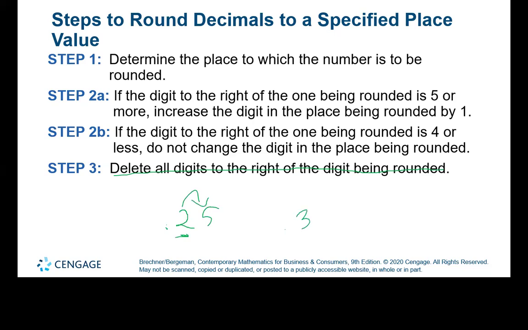Now, 0.3 is your answer because you don't have to write a 0 for that number, because 0.3 and 0.30 and 0.300 are all the same. So instead of writing the zeros behind it, you just delete them. All right, let's look at some examples.